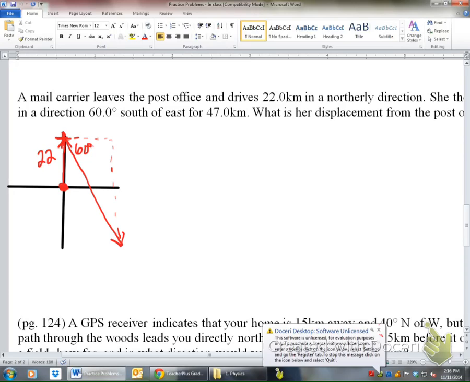You could think of this as a new starting point, a new origin, and this would be your new x axis, if you want to think of it like that. Okay, so can we just take our resultant, which goes from the origin to the finishing point, and form a triangle here? No, this is not a triangle that works for us.